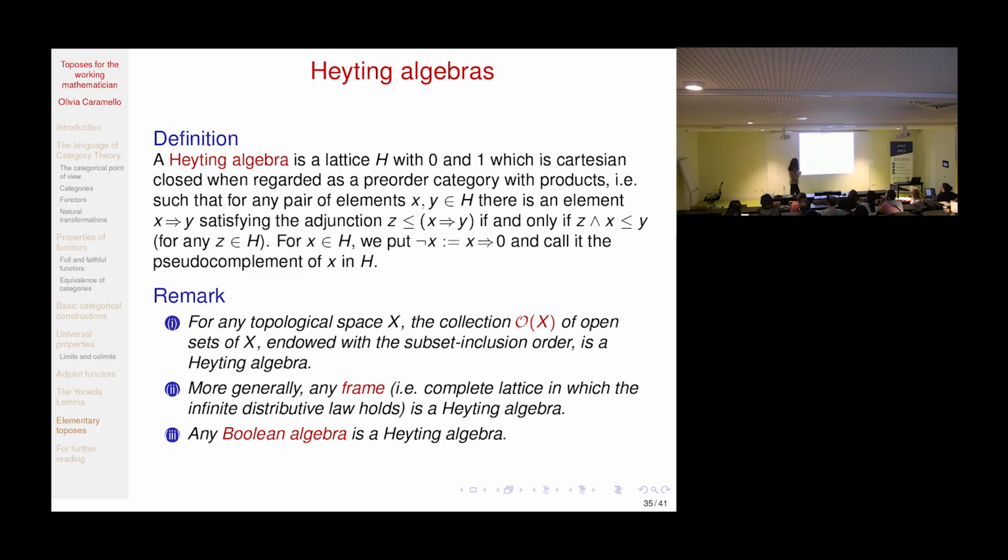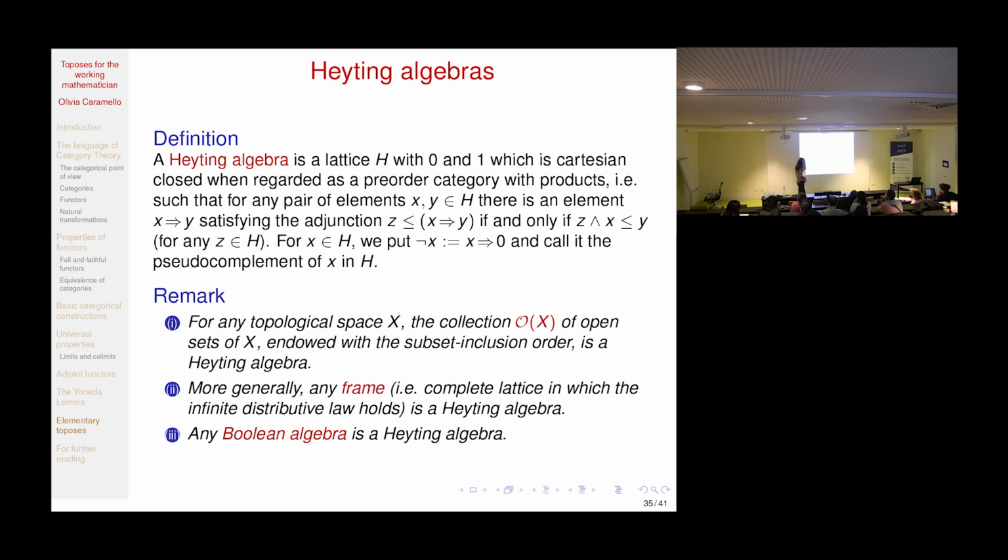More generally, you can show that every frame, meaning a complete lattice in which the infinite distributive law of infinite joins with respect to finite meets holds, is a Heyting algebra. So the definition of the Heyting operation is the same. Here you replace unions by joins and intersections by meets.